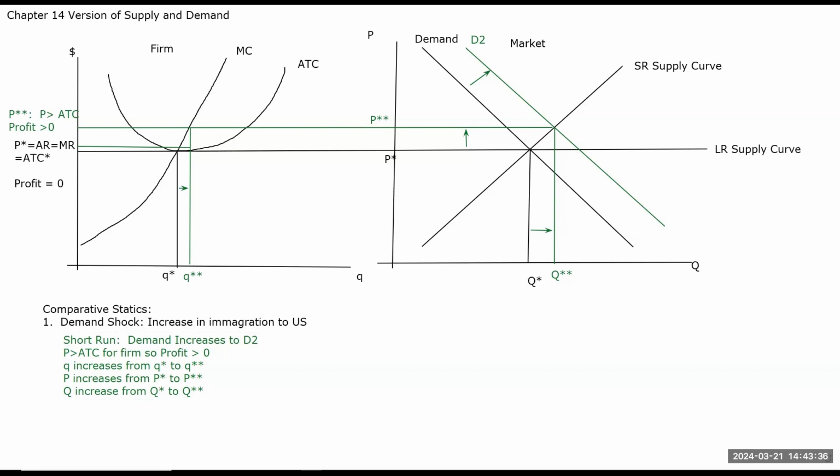What happens next is that outsiders see these firms making positive economic profit. So they enter into this market and sell this product. And they don't sell it at P double star. They sell it at a price slightly less than P double star to capture the whole market.